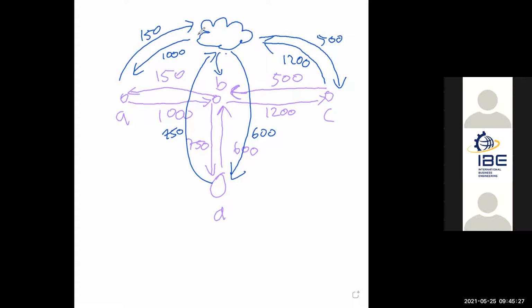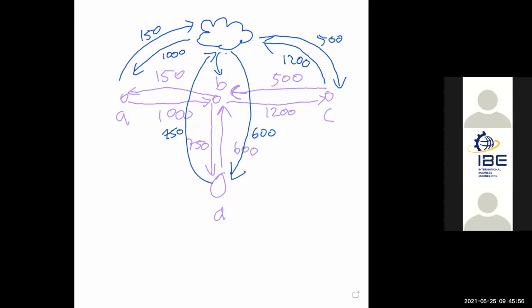Think of the T intersection in traffic: the traffic comes from A, C, and D going in A, C, and D, not from B, right? So no need to connect B to the cloud, correct?